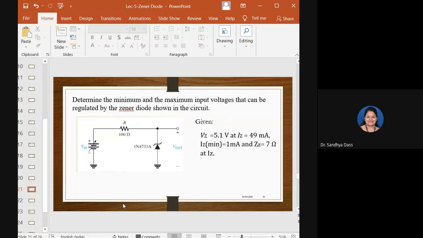The VZ Zener voltage is given as 5.1 volts at IZ is equal to 49 milliamps and IZ minimum of 1 milliamps. And the Zener impedance is also given as 7 ohms. So determine minimum and maximum input voltages that can be regulated by the Zener diode is the question.